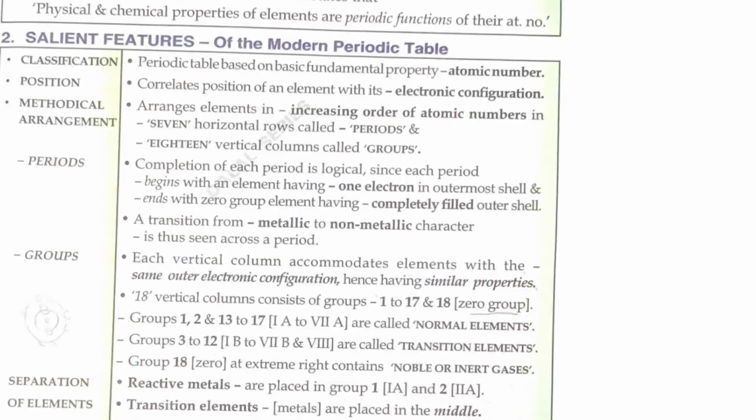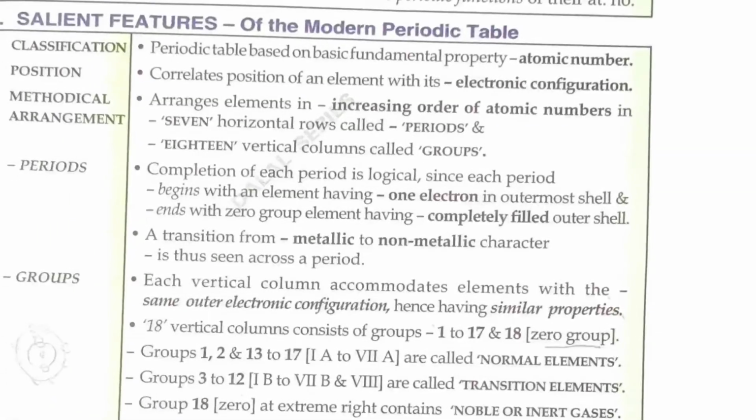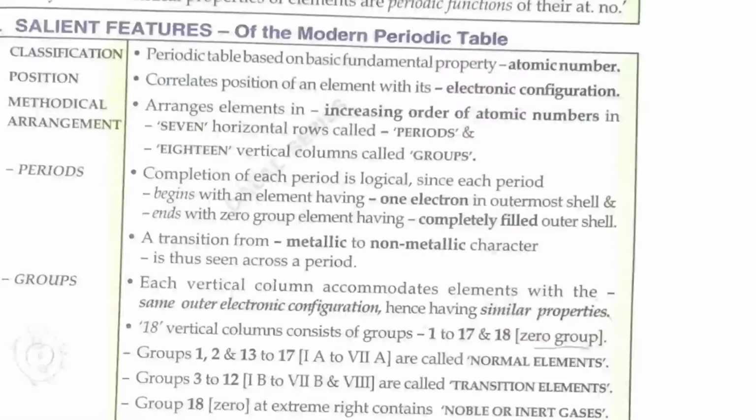Then let's see the salient features of the modern periodic table. First, we already know the periodic table is based on the basic fundamental property, that is atomic number. Then it correlates the position of an element with its electronic configuration.